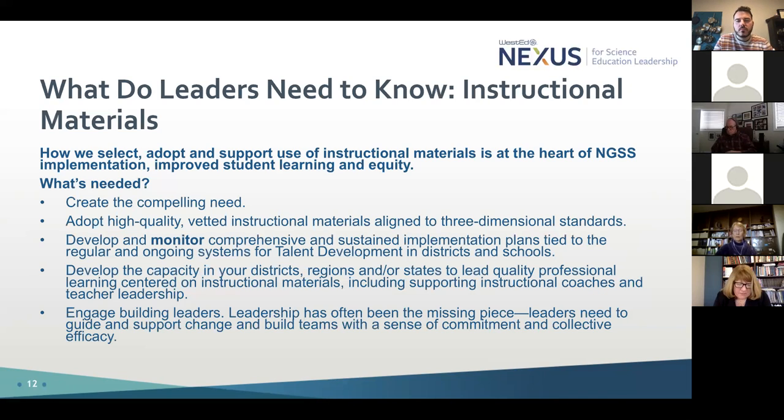I saw one statistic that nationally every teacher spends somewhere over 4 hours a week just planning or finding the resources for their next lesson. And I think that's the issue. You could still adopt and support the implementation of vetted instructional materials while engaging teachers and building that buy-in that Mike, you were talking about. And I think that's really critically important.